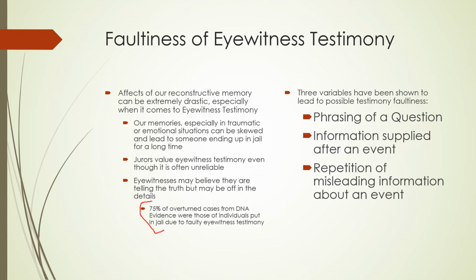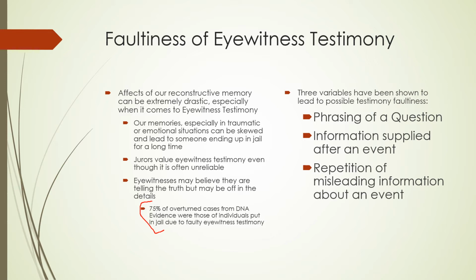And this doesn't mean that those testifying are just flat out lying. But what it does mean is that in some ways their memory has changed to some degree, and that could be due to 3 different variables which we have right here on the right.